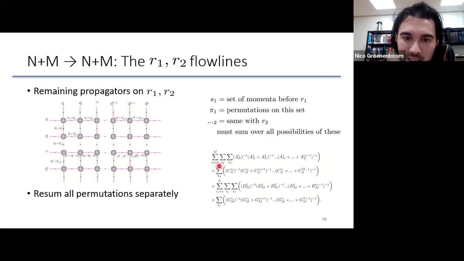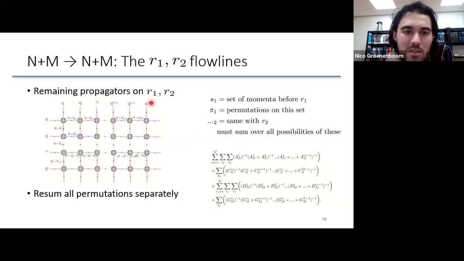There are a few important things in this expression, which are all of the different sums over the permutations. So there are momenta before the R2 and after, and we want to allow any permutation before, which we call the pi2, and the after, which we call the bar pi2, the complement. And then we have to sum over all of these different permutations.